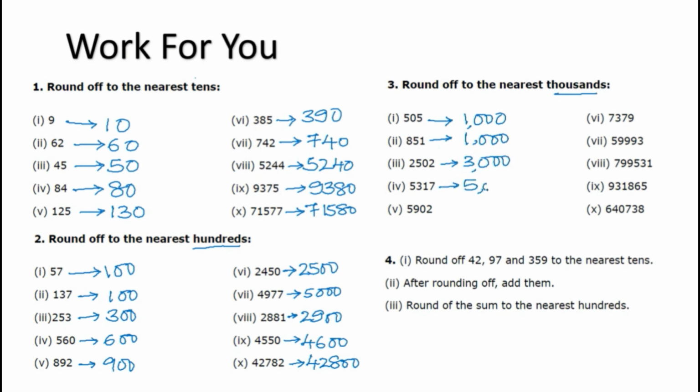Next is rounded off to 5000 because the digit at hundreds place is 3, which is less than 5. 5902, on rounding it becomes 6000. 7379, on rounding it becomes 7000. The reason is the digit at hundreds place is 3, it is less than 5.